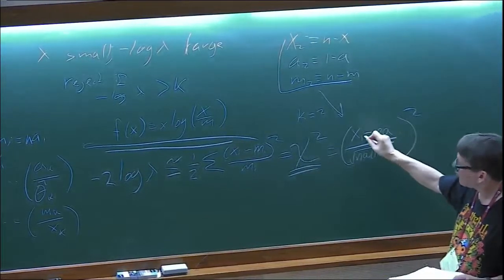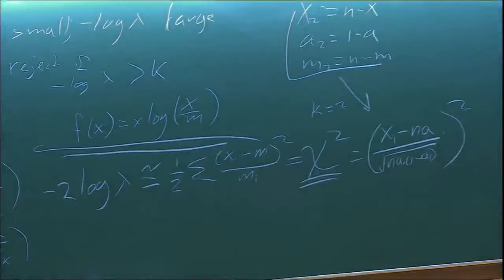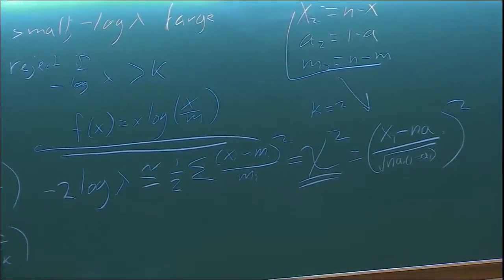Where did x1 come from? x1 came from adding up n trials. The expectation of x is n times a1. The variance of x is n a1 times 1 minus a1. Well, our friend, the central limit theorem, comes in. We're adding up these x's, or random variables, in the observations.